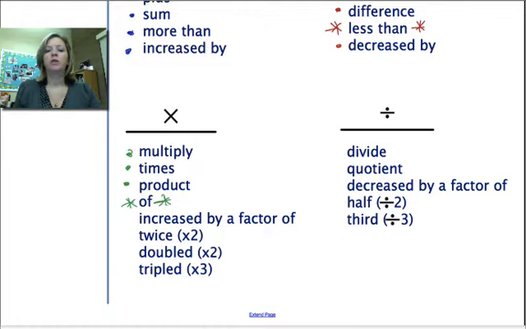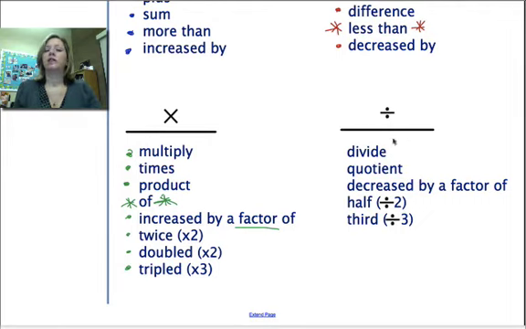And it's one of those words to watch out for. And then we also have increased by a factor of. If you see that word factor, that's going to indicate multiplication. Twice means multiply by 2. Double means multiply by 2 as well, so we'll watch out for those. And of course triple means multiply by 3.